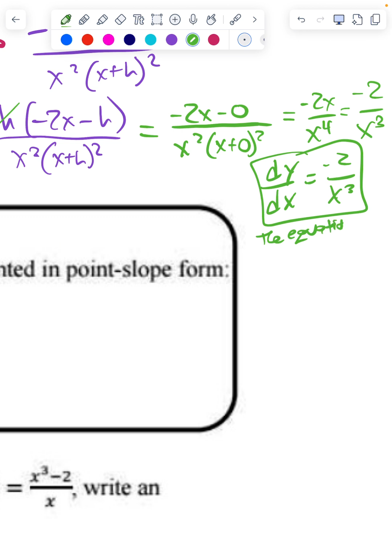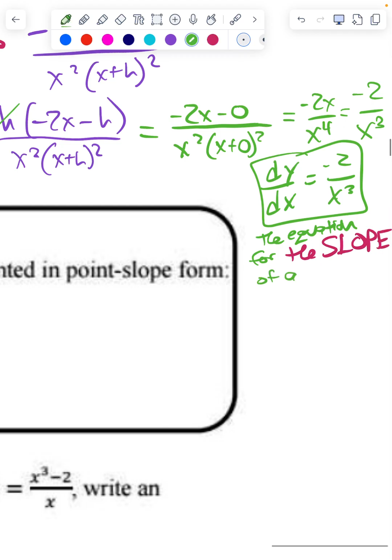So please make sure that you're saying the slope. This just gives us the slope, that's it, of any tangent line. We still have to go in and write the equation of any specific tangent line. But this gives us the slope.